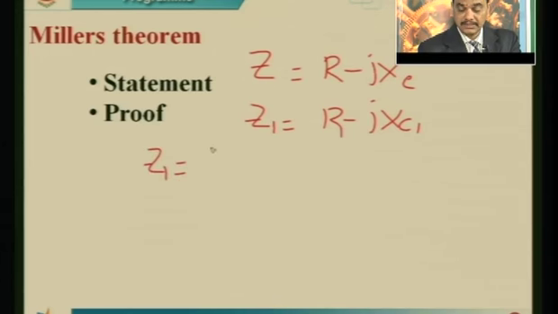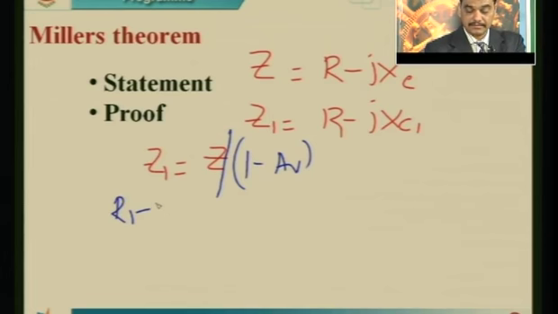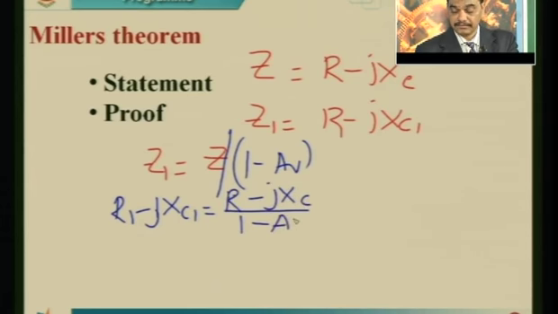Z1 is equal to Z divided by 1 minus Av. If you substitute Z divided by 1 minus Av for Z1, comparing, you have to substitute the impedance, then you get R1 minus jXc1 is equal to R minus jXc divided by 1 minus Av.